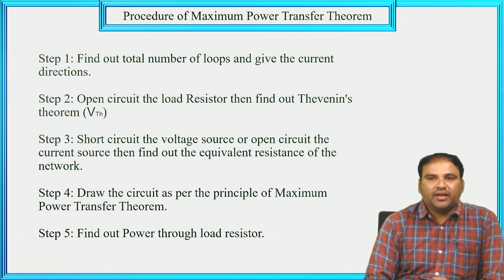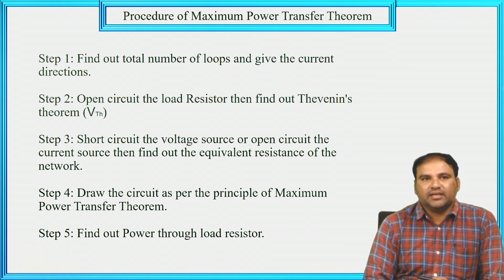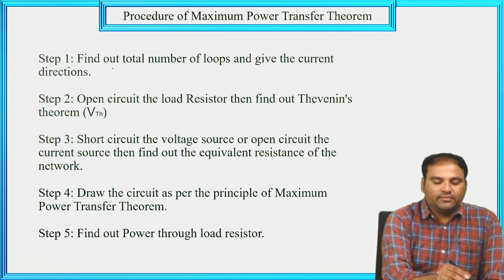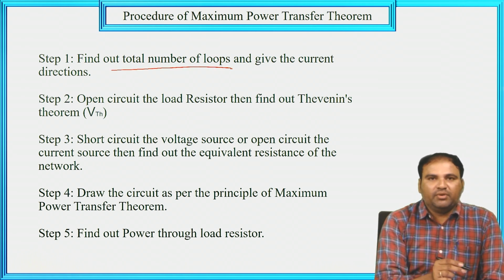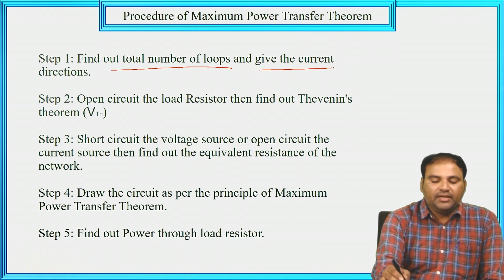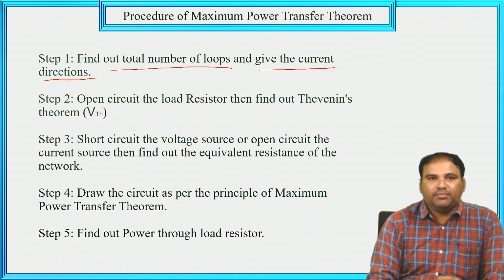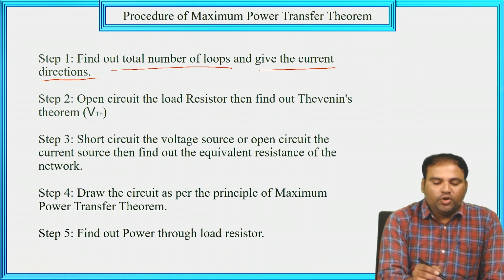If you have 2 loops, we require 2 currents; if it is 3 loops, the required currents are 3. In that case we need to calculate the Thevenin's voltage. So first we find the total number of loops, and after that we give the current directions. That is step 1. And step 2 is we need to open circuit the load resistor.